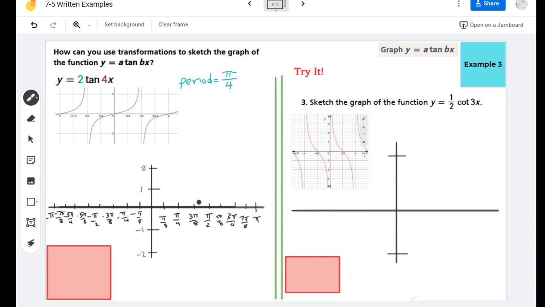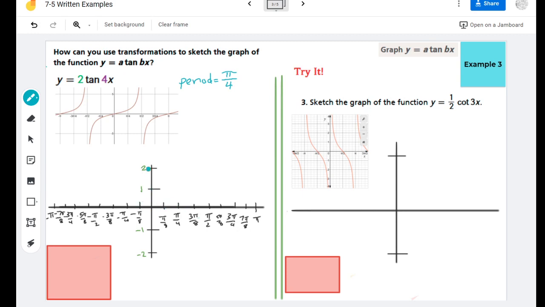So there I've cut my axis into eighths of pi. So I'm super zoomed in here. Actually, it's about the same as this one. That's okay. So now let's go ahead and graph this. So I know it's a period of pi over 4. And so pi over 4 is 2 tick marks worth of stuff.